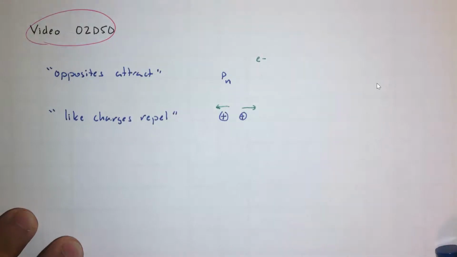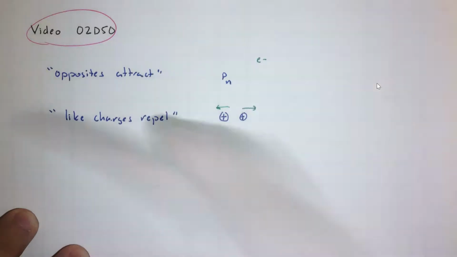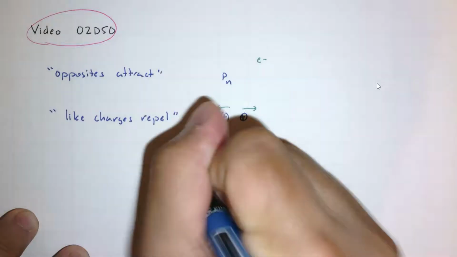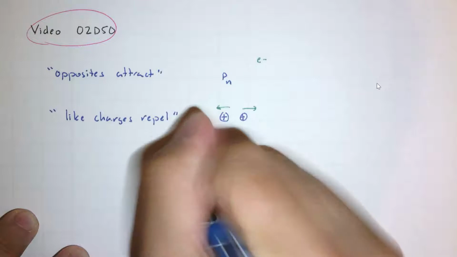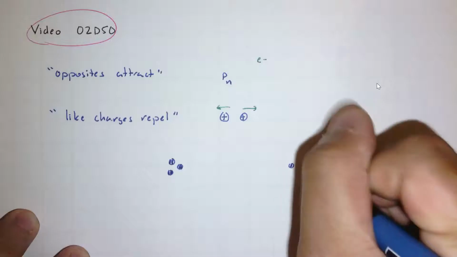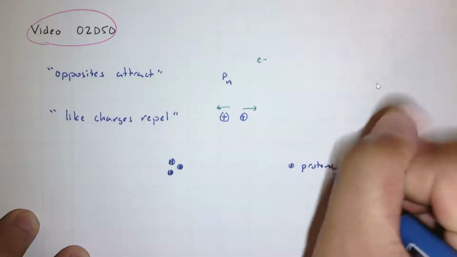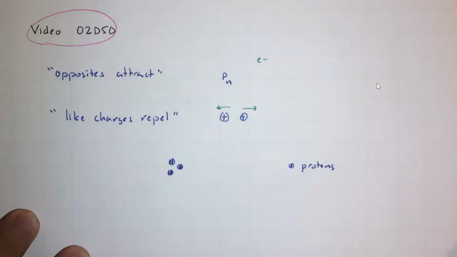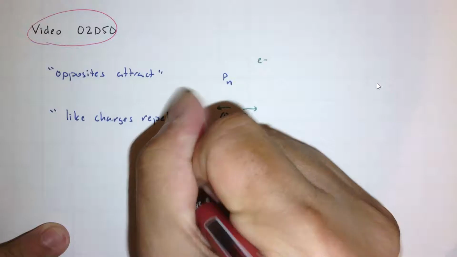And how can we represent that? We could represent that with a bunch of protons. So this is going to be representing protons. And you know that neutrons are also in the nucleus for most atoms.